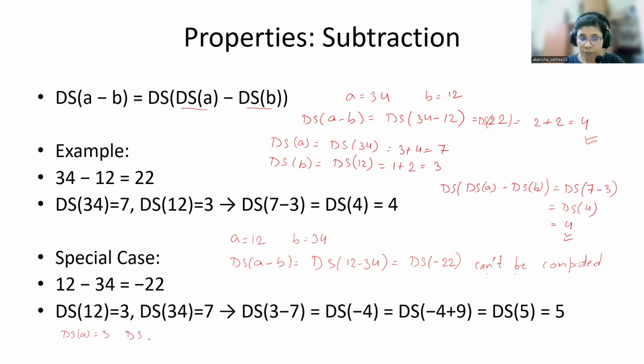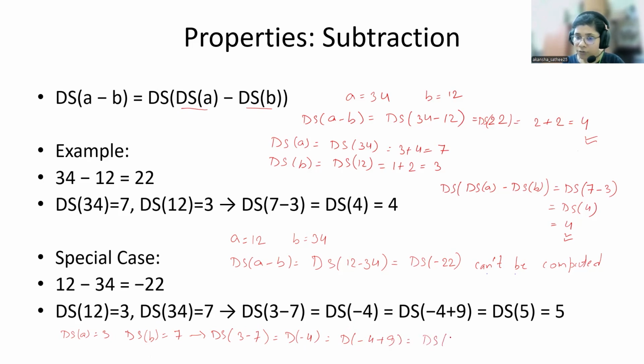Digit sum of B is 7. Now digit sum of A minus B is 3 minus 7, that is digit sum of minus 4. But for a single digit, you can do it. How will you do it? You just add 9 to it. This is again a trick. You have to remember it.